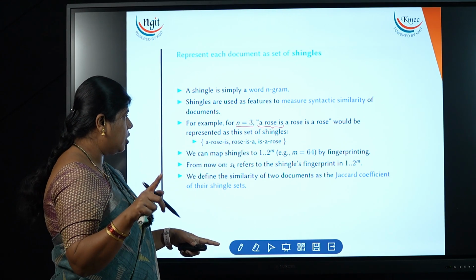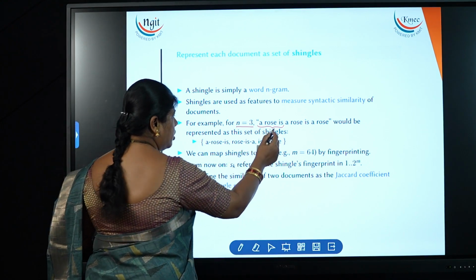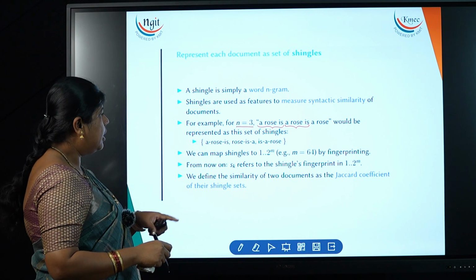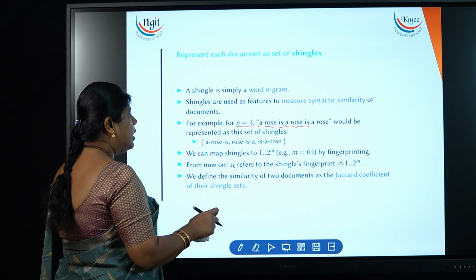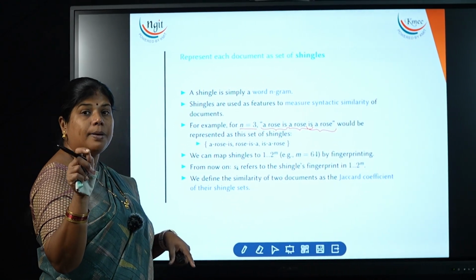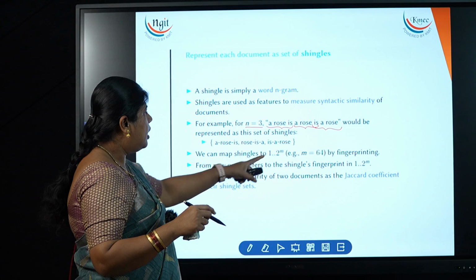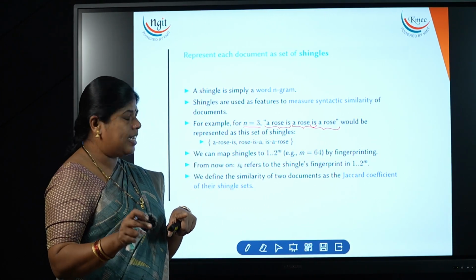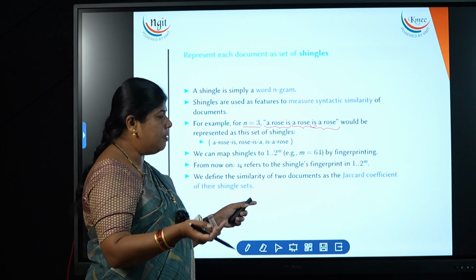The second division is again "a rose is". Now, the third division is "is a rose". Only two words are left, but I want 3, which is why I take "is a rose", making use of the previous word.